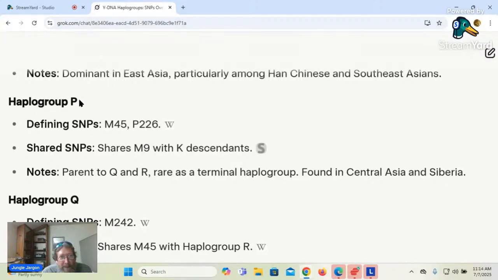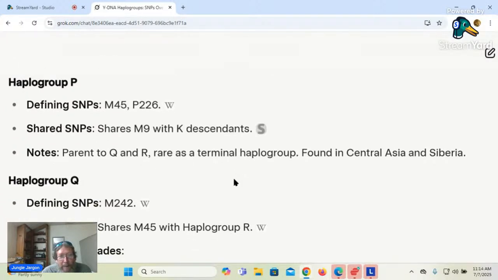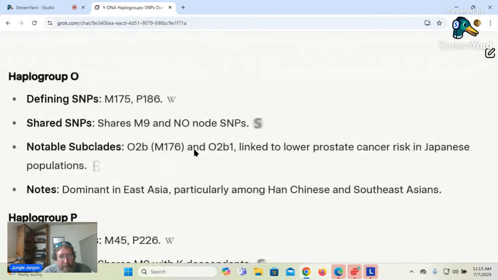But the K descendants, or the common ancestors of K in this case, are supposed to have the M9. Okay, it says parent to Q and R. It's not a parent. They have a common ancestor who is their parent. I know, because these are totally separate lineages. Q is totally separate from R, and K is totally separate from the others.